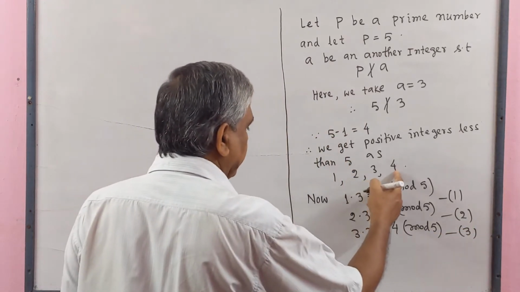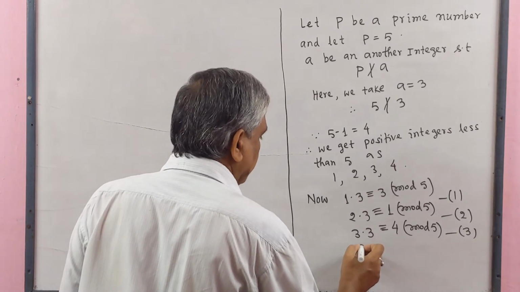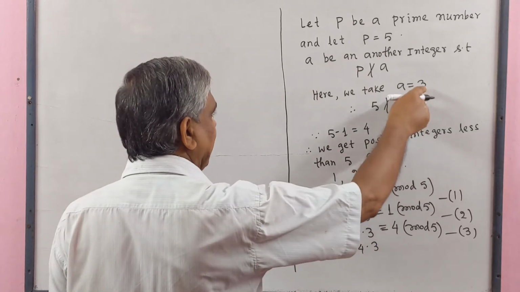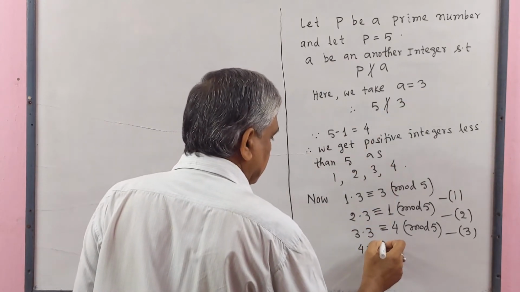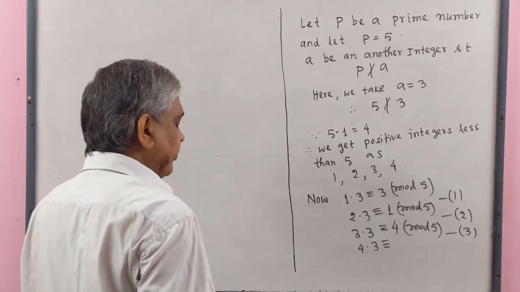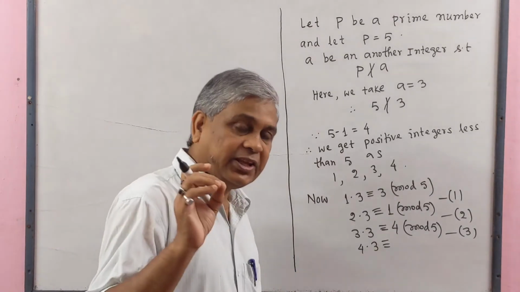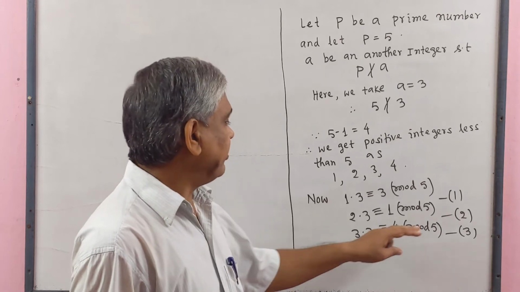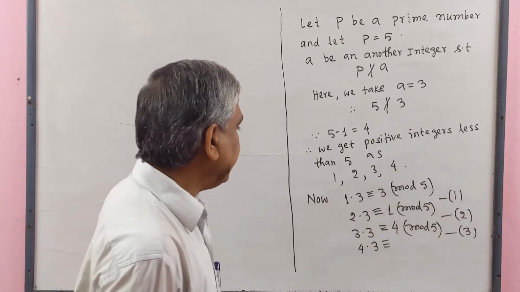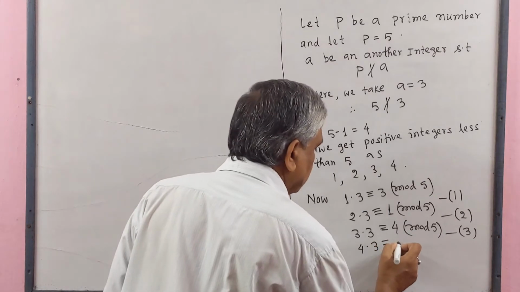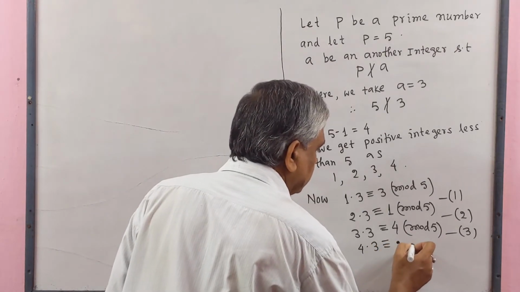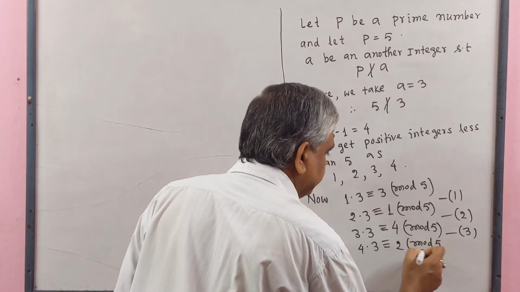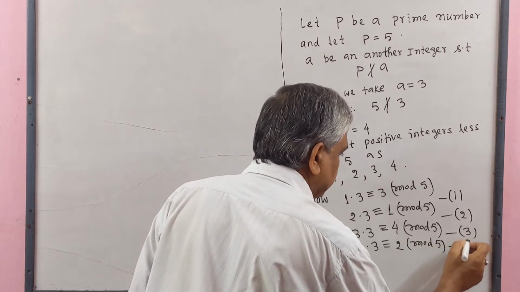Now we take 4. 4 multiply 3, 3 is A, congruent to 4 multiplied by 3 is 12. If we divide 12 by 5, we get remainder 2. So we write here 2 modulo 5. This is number 4.